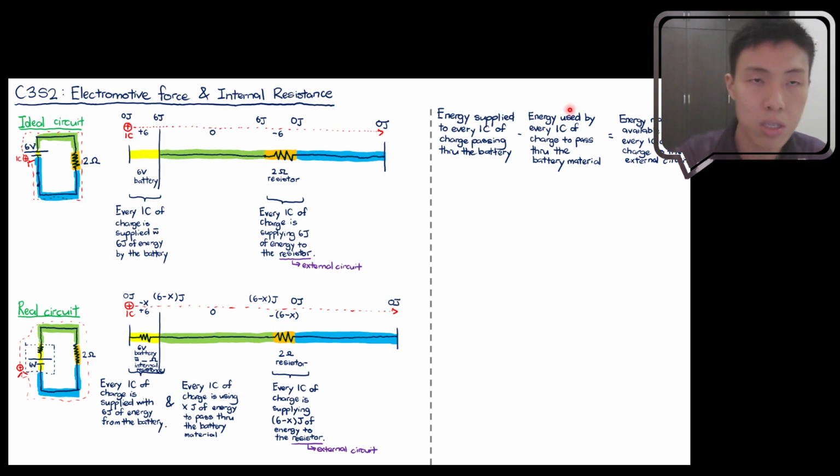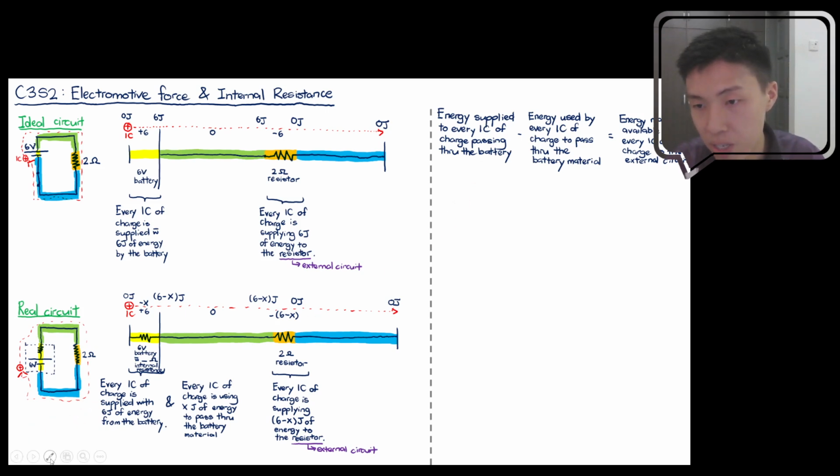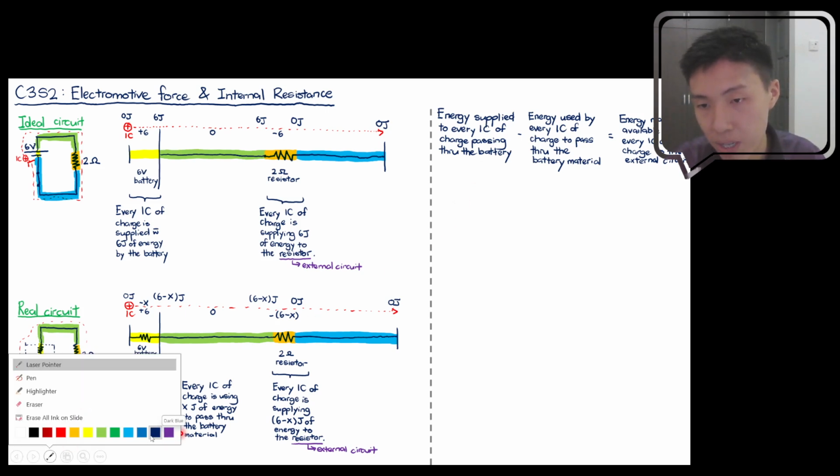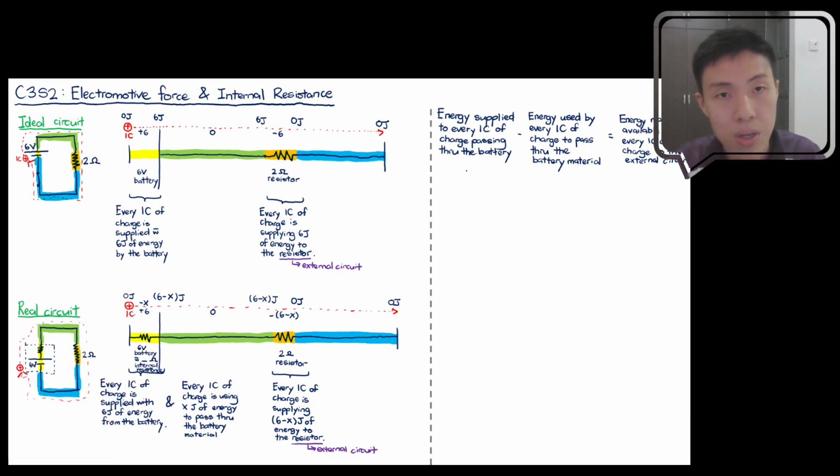Okay, so this is the energy given by the battery. Some energy is being taken up just to get through the battery, so the remainder of it will be available for the external circuit. Okay, so if you want to put it into symbols, and that's where the mathematics matters right now, the symbol will look like this.